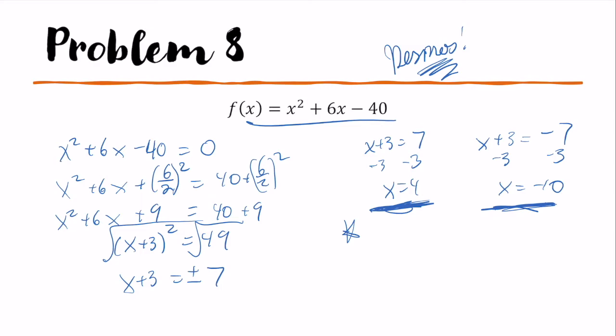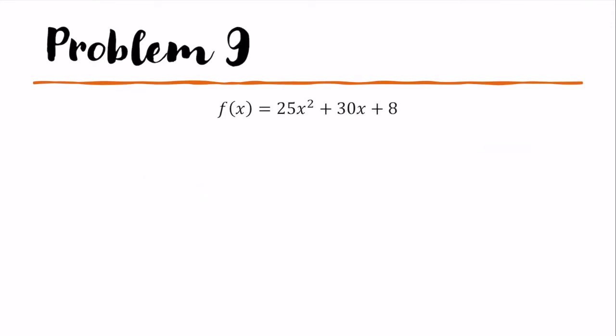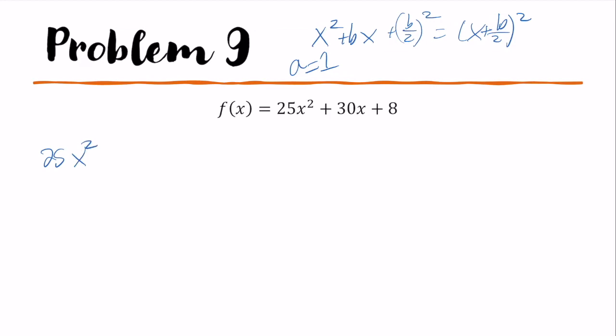Now, here's when things get more complicated. Completing the square only works when my a term is 1. So in order to solve this, it gets a little messy because fractions, but we know what we're doing.